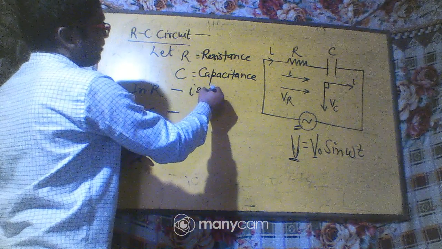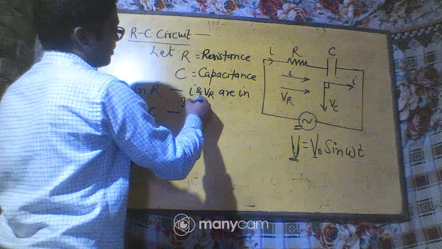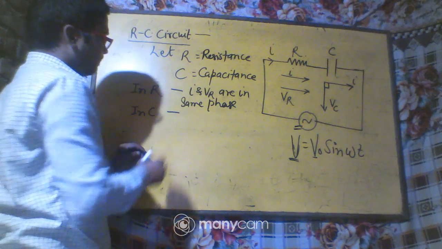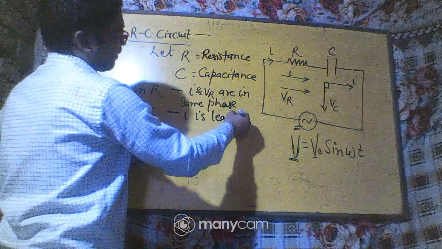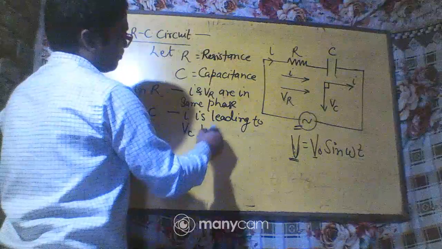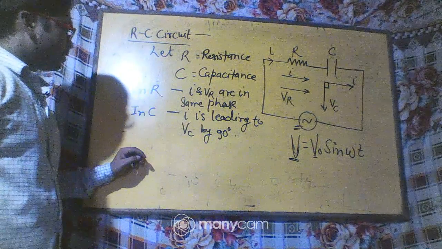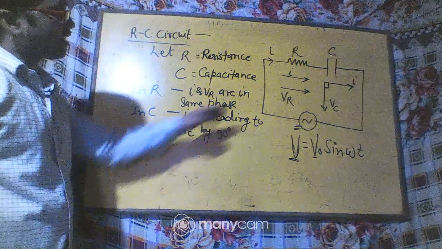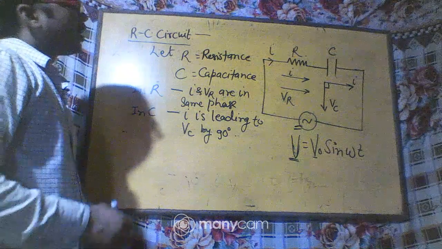Now in R, I and VR are in the same phase, and in C, I is leading VC by 90 degrees. Okay, so you can see these things are represented in this diagram also.